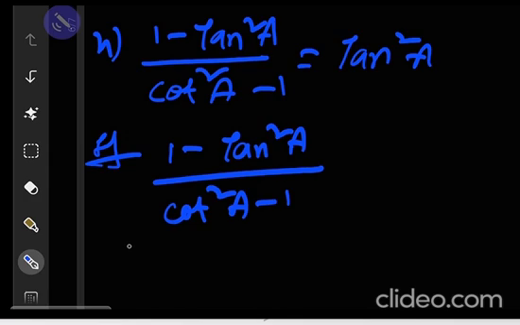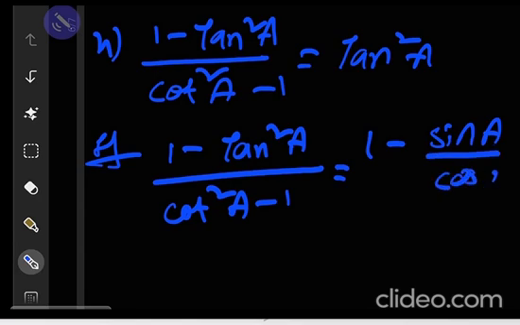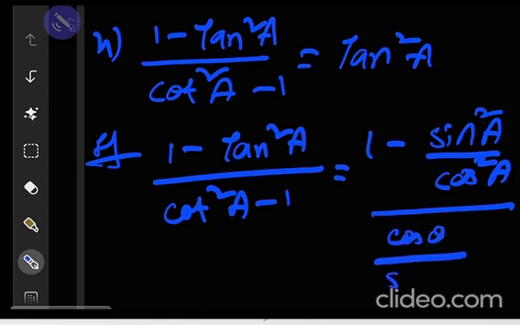So here, what will happen? Write tan in terms of sine and cos, and cot also in terms of sine and cos. So this is equal to 1 minus tan A, which is sine A divided by cos A, but here we have square, so sine square by cos square, whole divided by cot, which is cos theta by sin theta. So this we have square, and square minus 1.